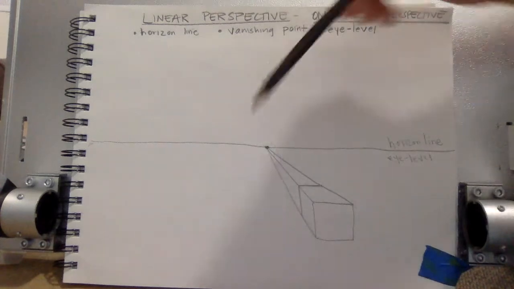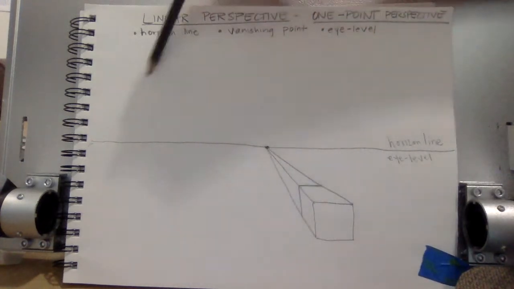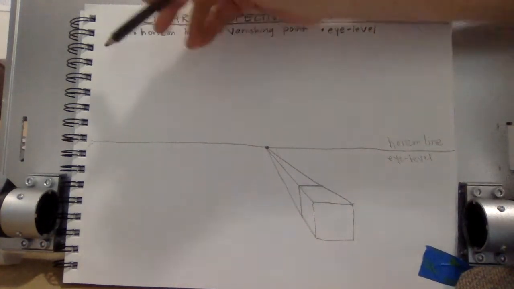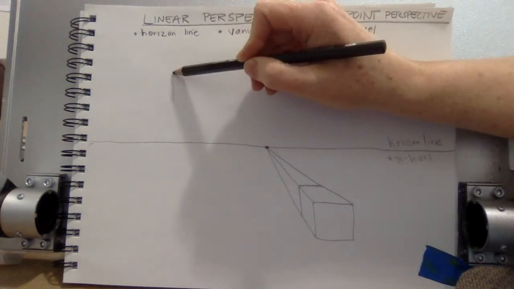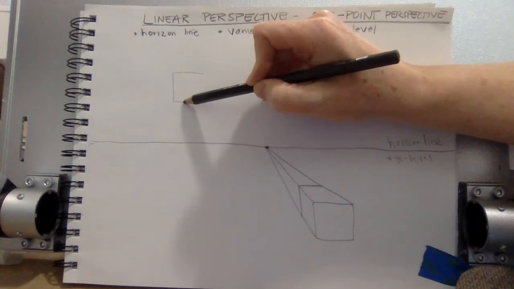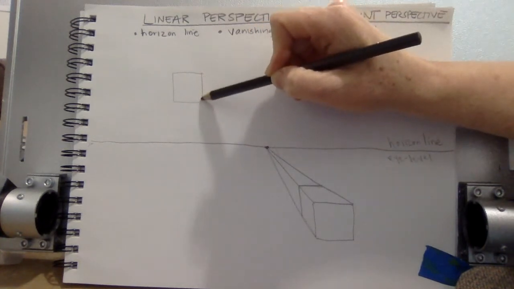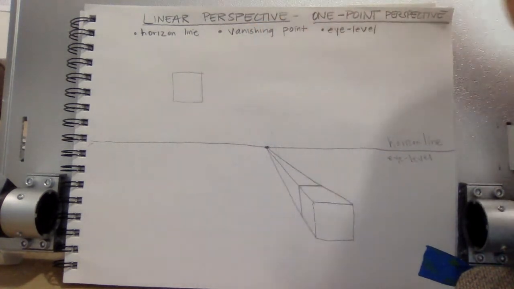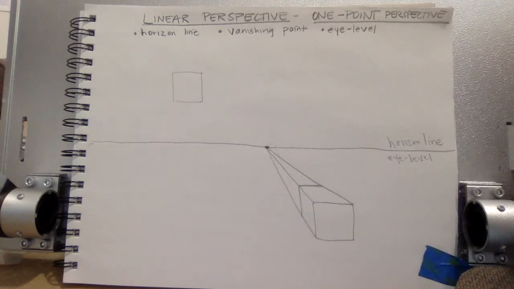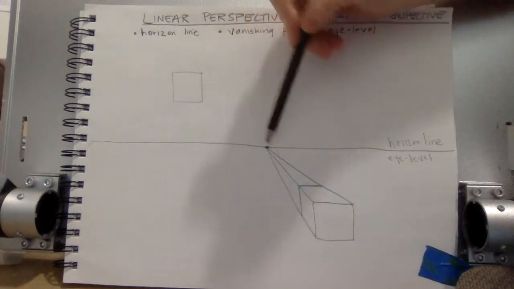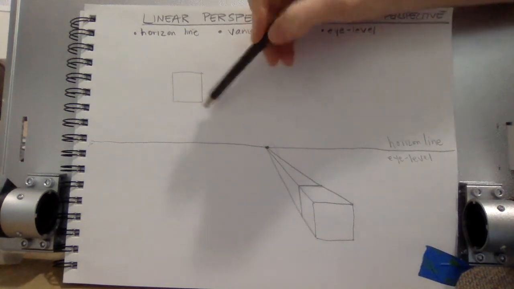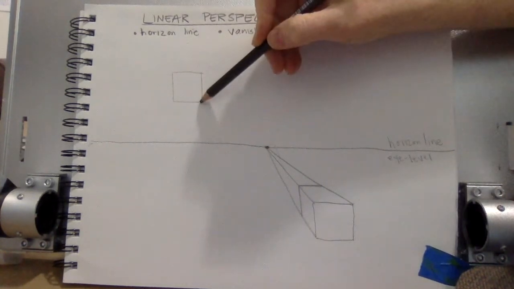So now, do the same thing and draw a square somewhere in the top. I'm going to put mine here. It can be a square or a rectangle, whatever you please. Okay, and then do the same thing and connect these three corners up to your vanishing point.